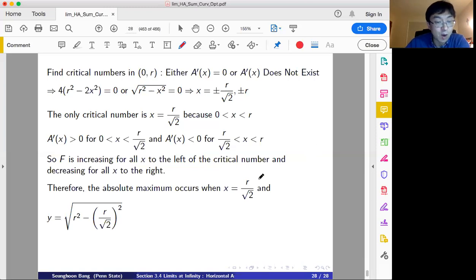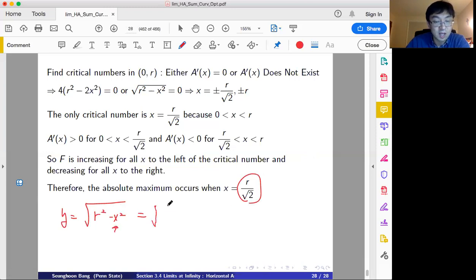How can you find the y? We can use the relation of x and y. How can you find the y value? The y value is exactly the square root of r squared minus x squared. You plug this value into x.